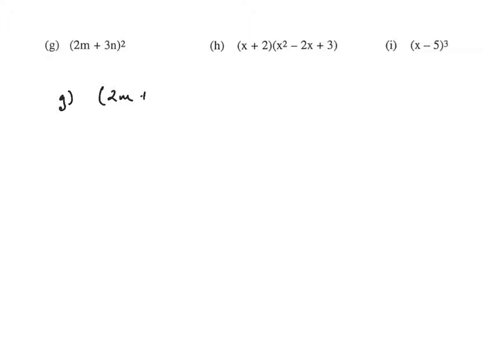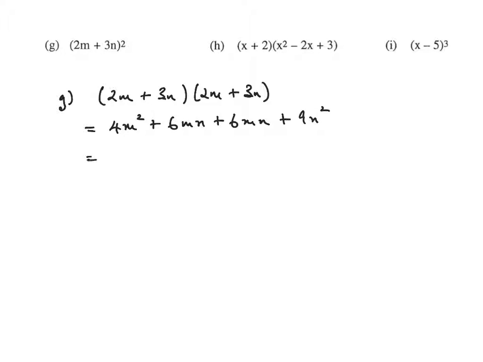Two m plus 3n, 2m plus 3n gives us 4m squared, 6mn plus 6mn plus 9n squared.